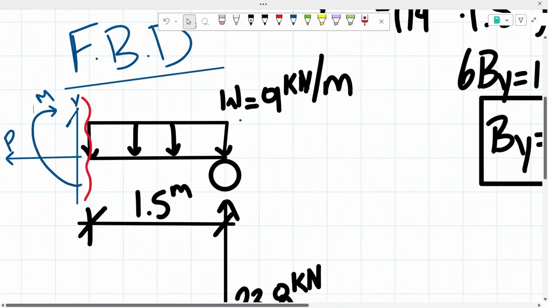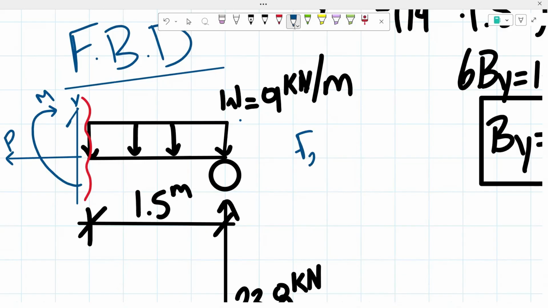So now, before determining the value of our shear force and our normal force, our next step would be determining the concentrated force for this 1.5 meter span of the beam. So we're going to do the same thing. I'm going to call this one F2. And we're going to solve the concentrated force the same way.